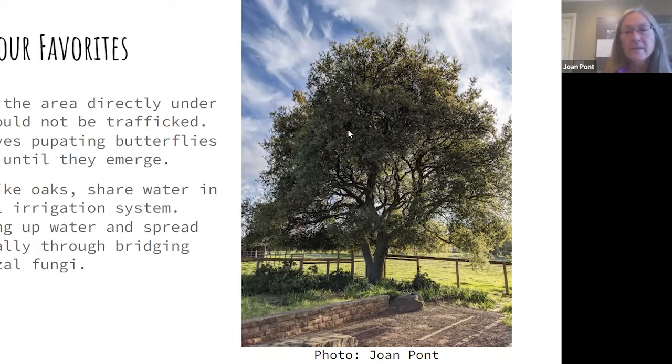So what happens is, as we learned from Doug Tallamy, caterpillars eat leaves, and birds eat the caterpillars or feed them to their young. When a caterpillar turns into a chrysalis or pupates, if they pupated up here in the tree, they would be a sitting duck and instantly eaten by birds. So they generally drop down and either bury into the soil or hide in the leaf litter under your understory plants.